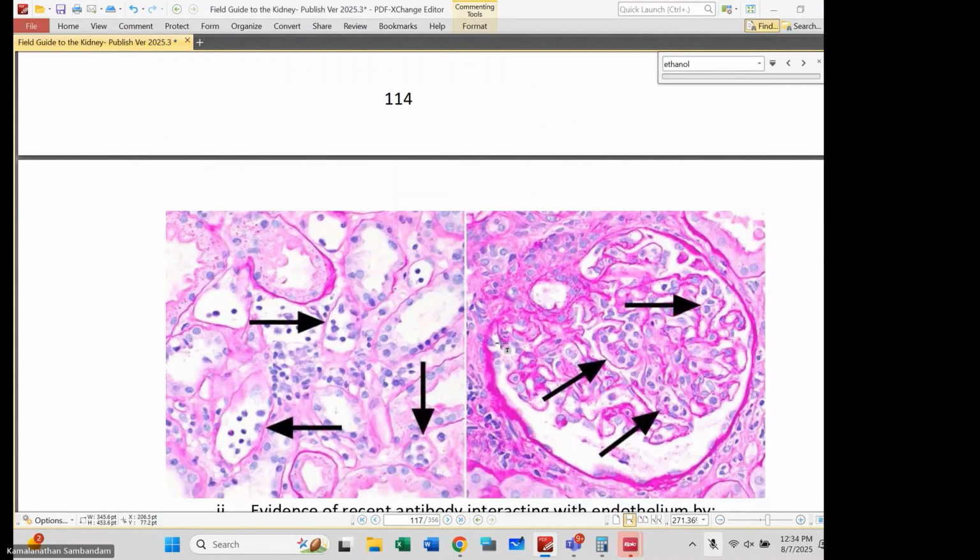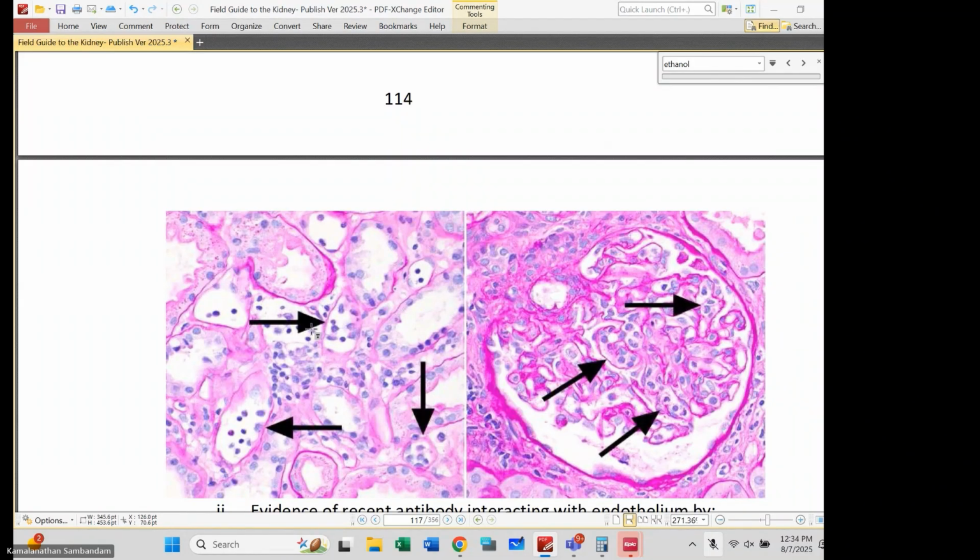It takes some orientation. You see lumens, or lumina, I guess is plural for lumen. You see lumina in your tubular interstitium. How do I tell if that's a tubular lumen or a capillary lumen? Well, tubular lumens have at least a cuboidal or more columnar epithelium, right?